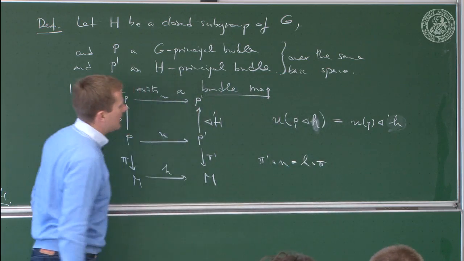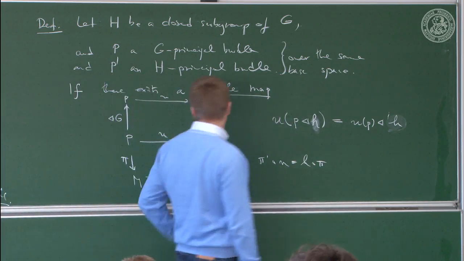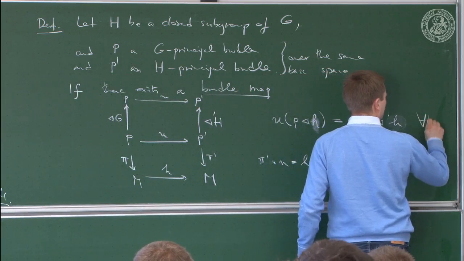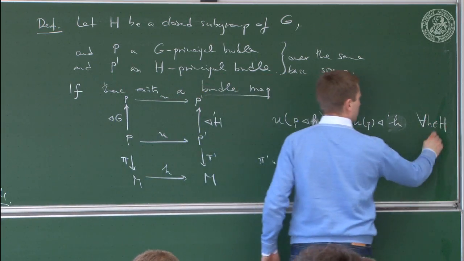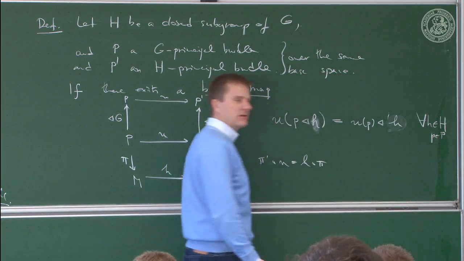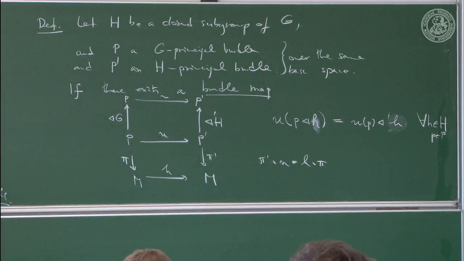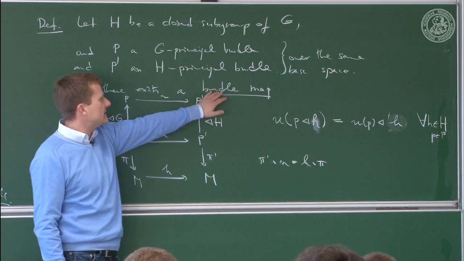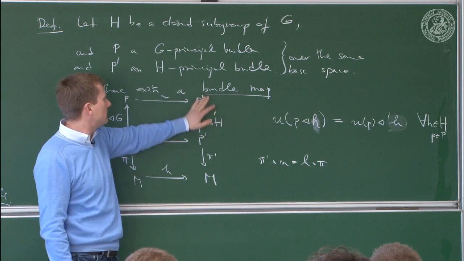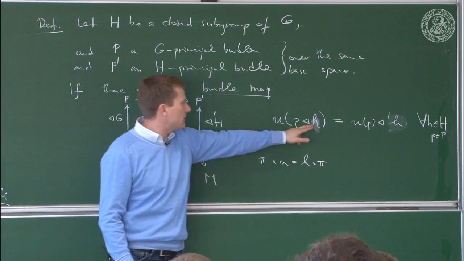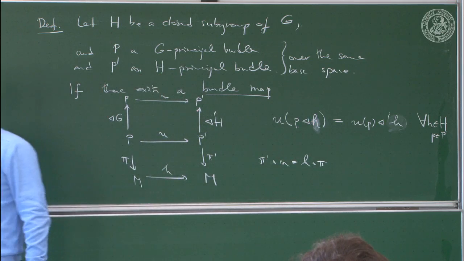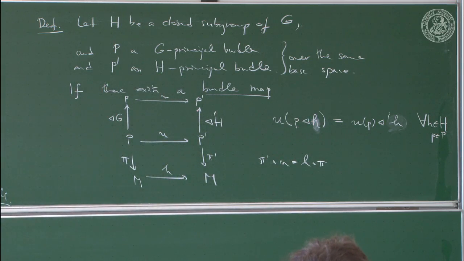Then I use an H here, and I require this not for all G, but only for all the H in the subgroup. Of course, for all P in P. Okay? So in a sense, this is an appropriate weakening of the idea of a principal bundle map, by requiring this principal condition to hold only for the subgroup.